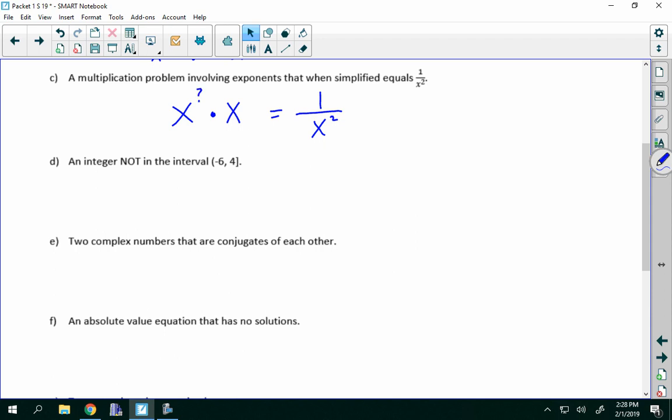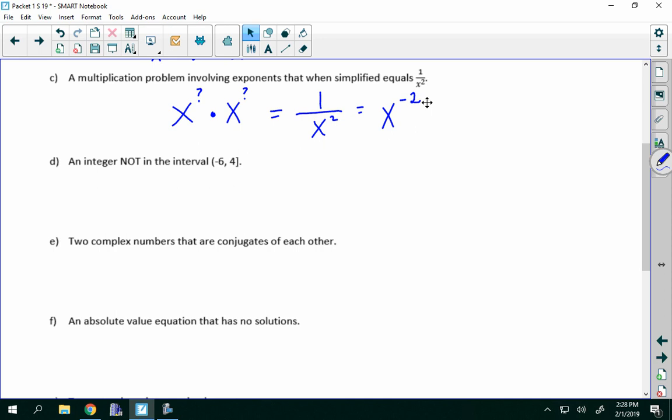We just have to figure out what to put for our exponents. Another way to write 1 over x squared is x to the -2. And we know that when we multiply exponential expressions with the same base, we add the exponents. So when we add them, we end up with -2.